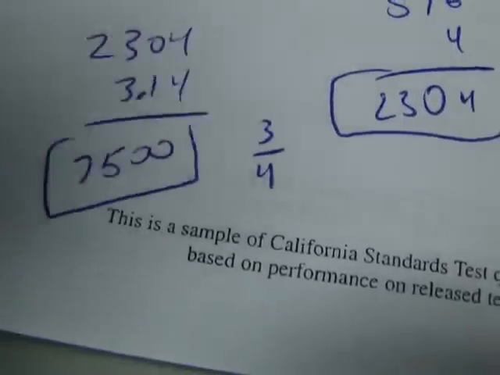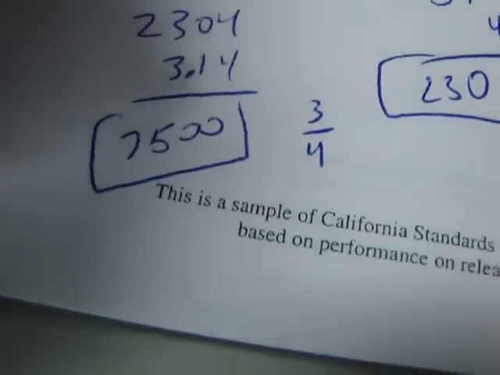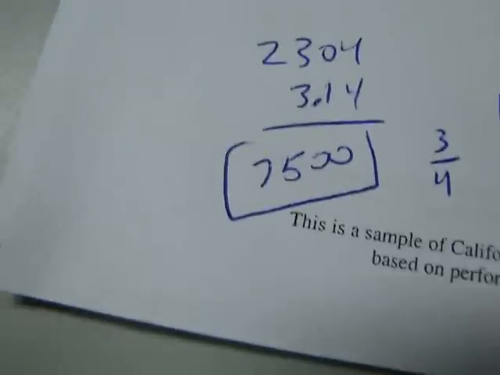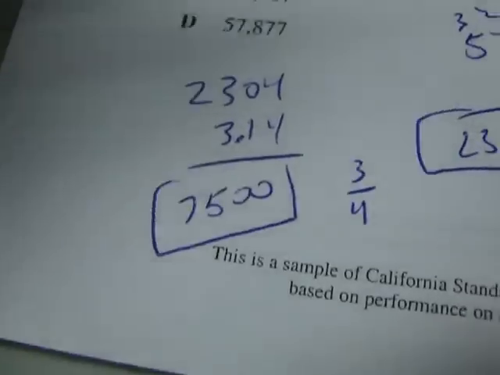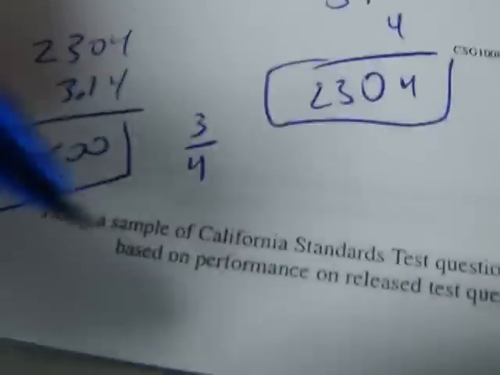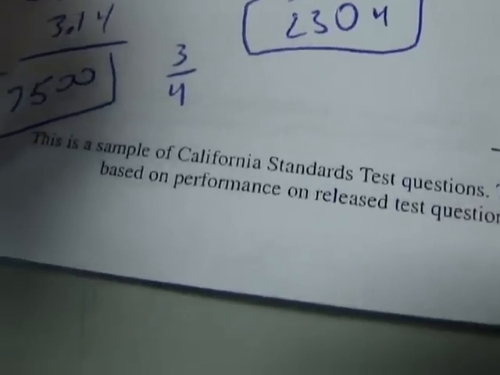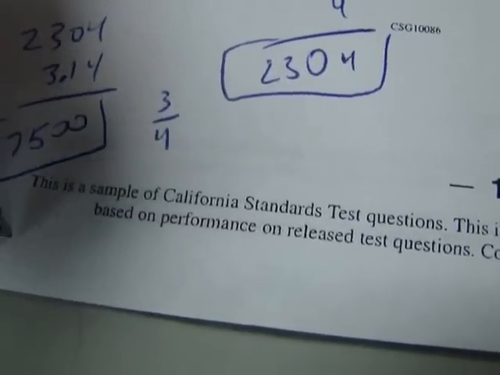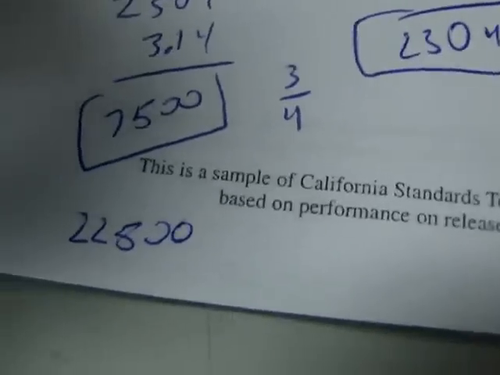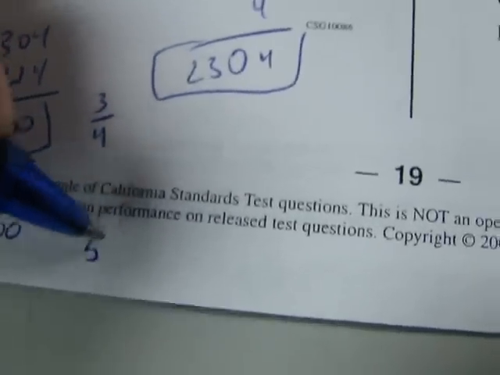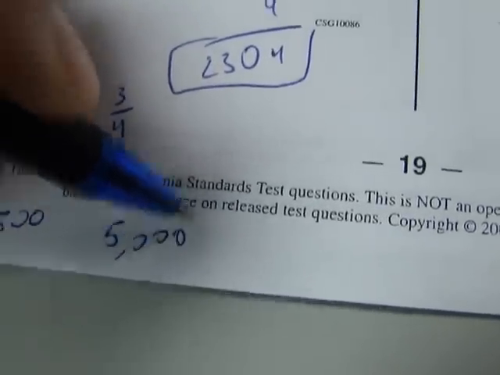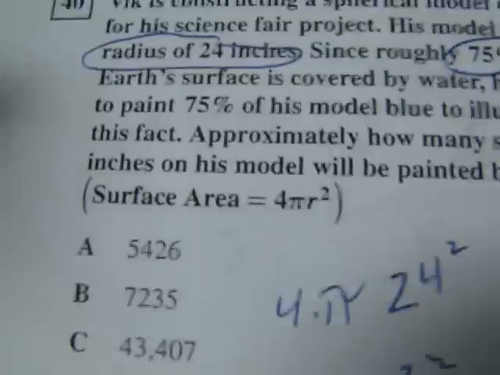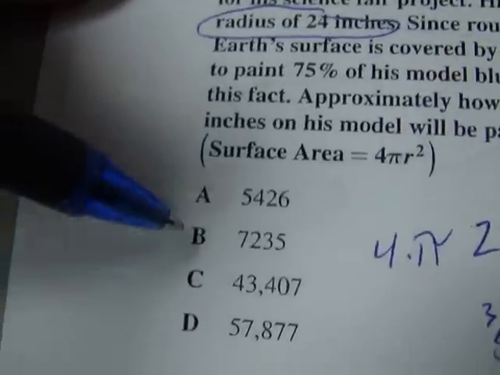So if we do 3/4 of 7,500, it's going to be smaller than 7,500. 3 times 7,500 is 22,500. And when you divide that by 4, you're going to get 5,000 something. The only answer that's even close to fitting this is A.